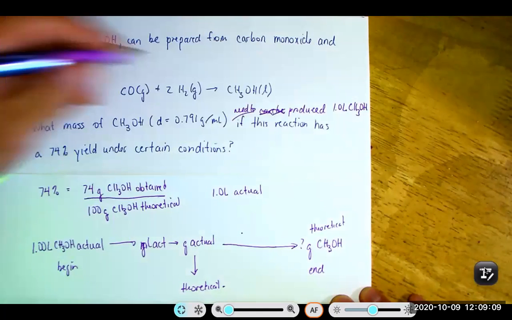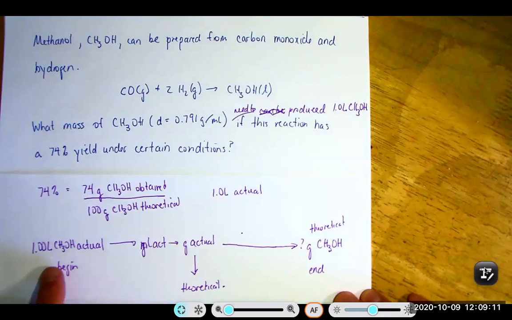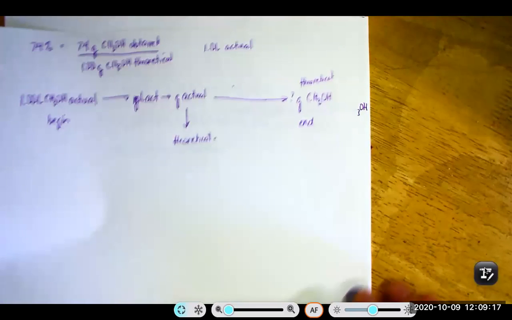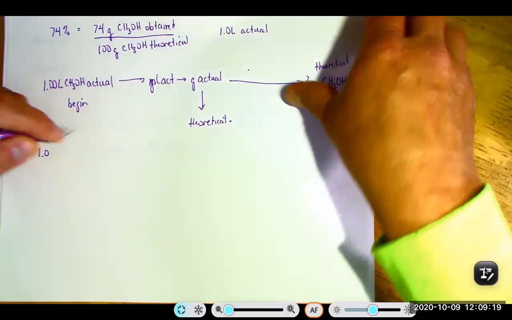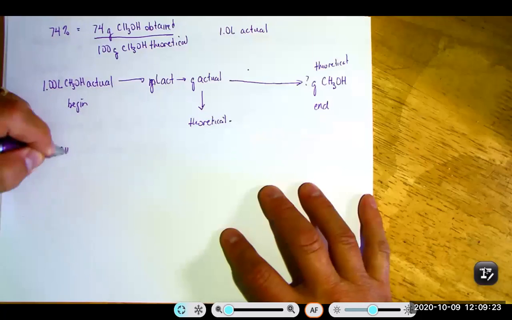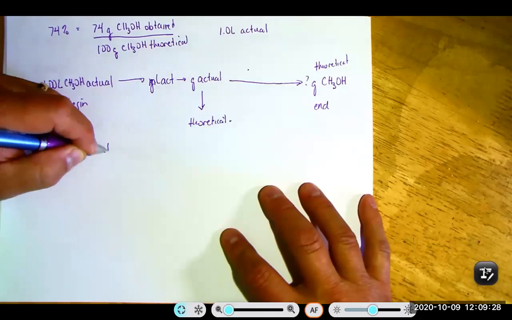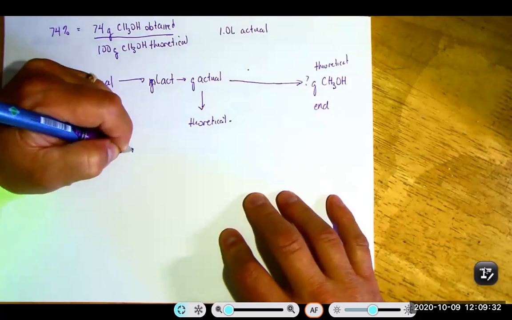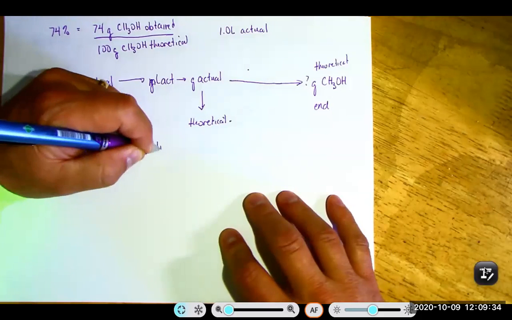Okay, so I'm going to write this pathway out again. We're going to start off with 1.0, and I think that's only 2 sig figs here. So 1.0 liter of methanol is what we want for our actual amount that we get. We're going to turn that into milliliters of the actual that we're going to get.